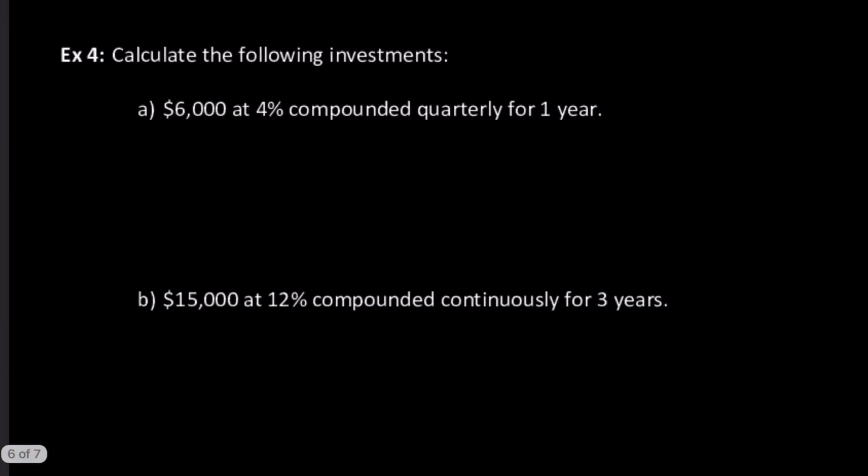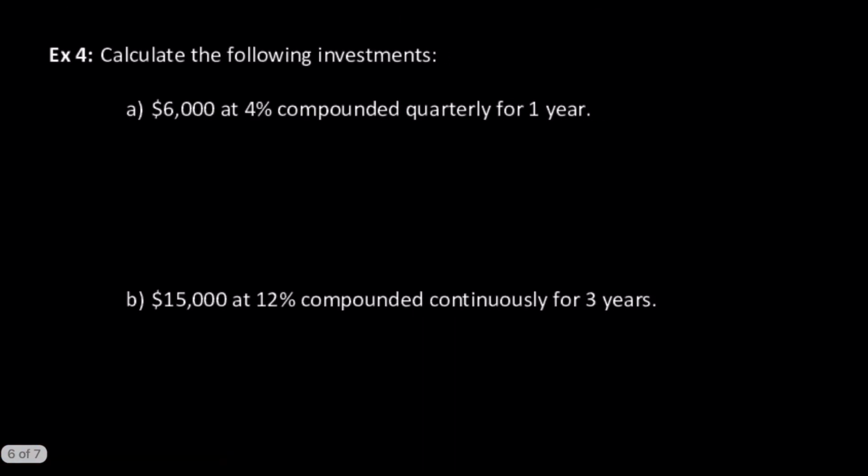Okay, so let's try another example. Calculate the following investments. $6,000 at 4% compounded quarterly for 1 year. So obviously you need to be able to do this. So compounded quarterly for 1 year. N equals 4.